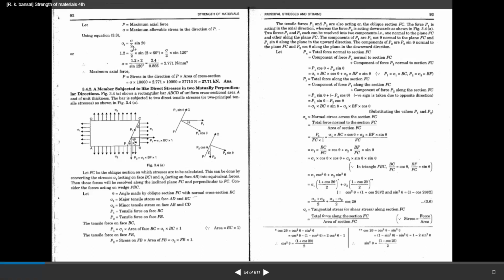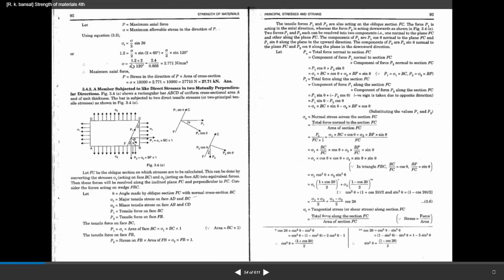Sigma T is given as 1.2 Newton per mm square, equal to sigma by 2 into sine 2 theta. Theta is 60 degrees, that means sigma by 2 into sine 120.